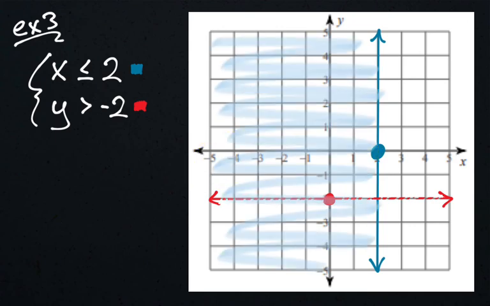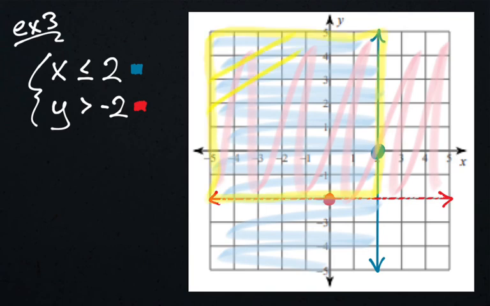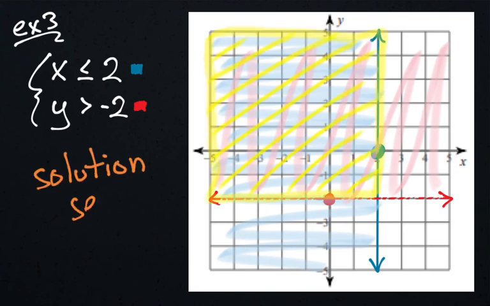Whenever you're shading a vertical line, less means left, greater would mean more, and you would shade on the right side. But we have the shading right over here to the left side of the blue line. The red inequality for y says greater than, so we shade above the red line. Where these two areas overlap is our solution set.